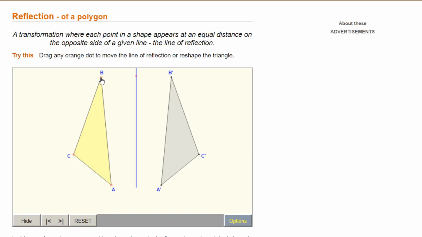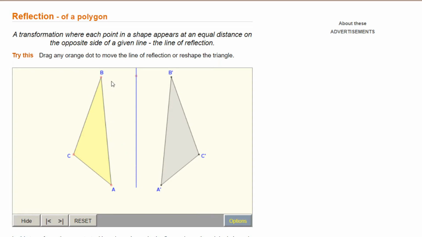So if we say this is our line of reflection, then by our definition, A is going to be a certain distance away from the line, and A on our reflection is the same distance on the other side. So let's say A is 10 centimeters away, then our reflection would be 10 centimeters away from the line of reflection.